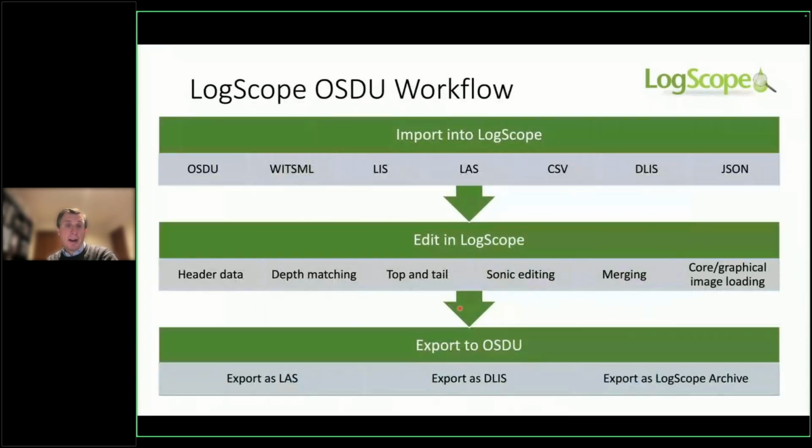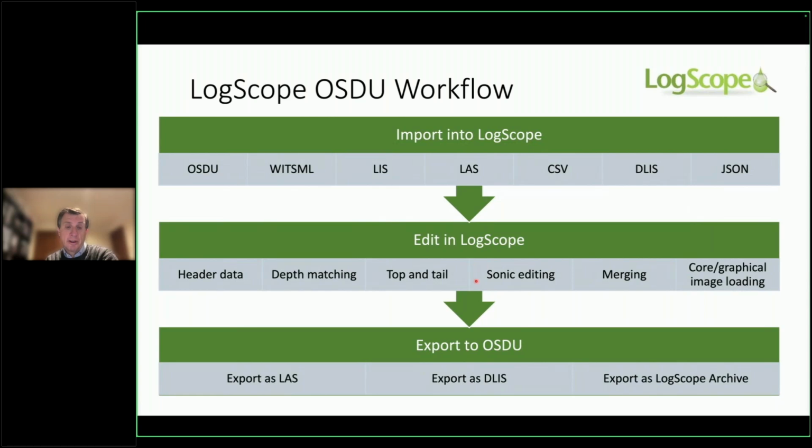Typically, most people like us, when they're doing a petrophysical evaluation, will need to do some work on editing the data, filling in the data, populating, depth matching, top and tailing, editing the sonic, merging the data together, and doing the core graphical image data. So essentially, you will import the data into your software package.